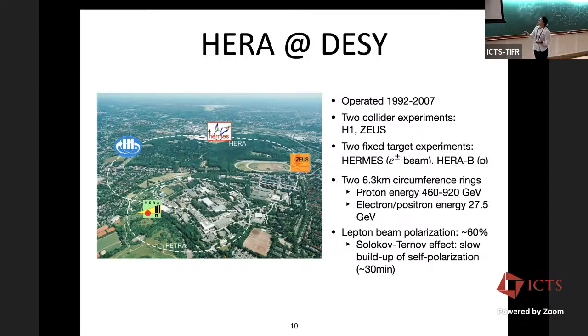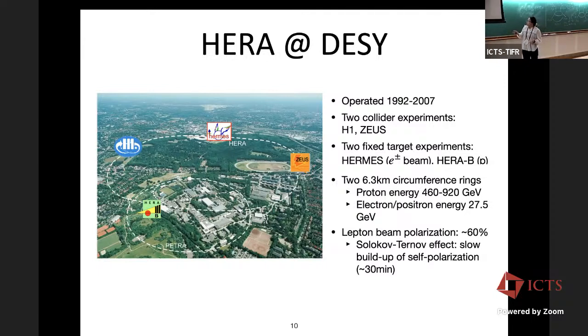This only happens when you have a circular ring, with a magnetic field to bend the beam, right? In this case the magnetic field direction is vertical. For a spin direction that is parallel or anti-parallel to the magnetic field direction, when the electron emits synchrotron radiation, it may flip the sign of the polarization.